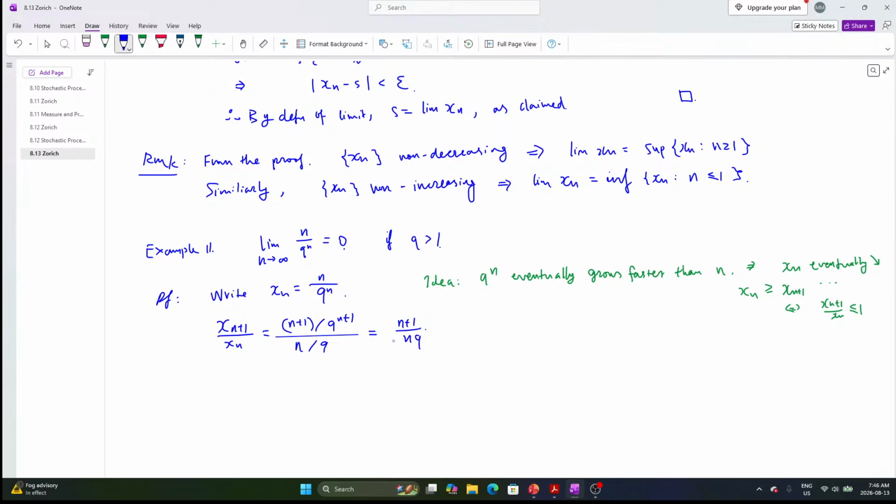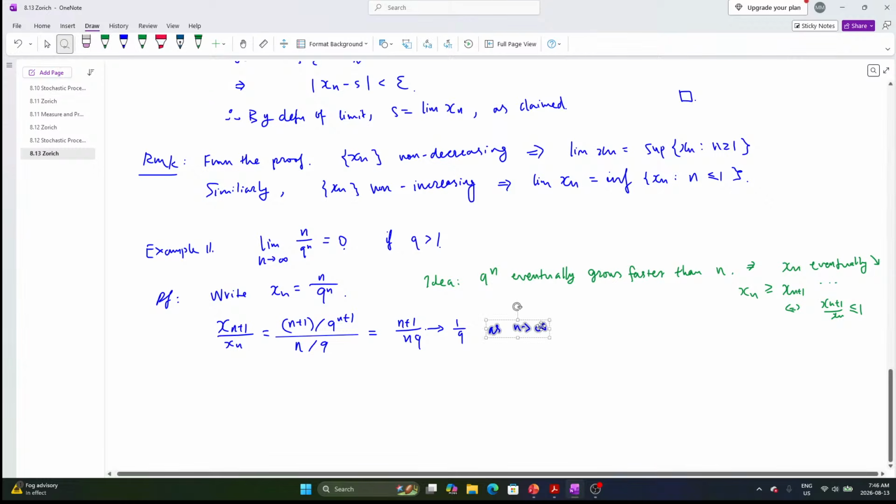The temptation is to take the limit, and indeed we can. This converges to just 1 over q as n tends to infinity, which is less than 1.